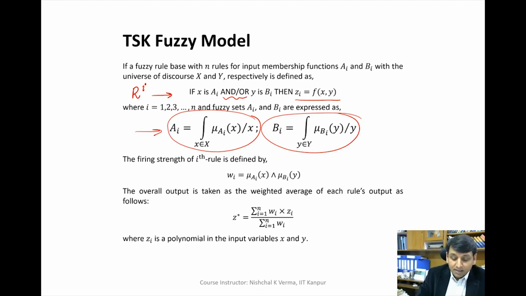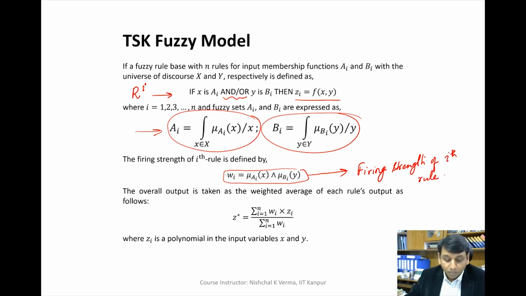If this is the case, then for certain inputs x and y, we can have Wi, which is nothing but the firing strength of the ith rule. And this we can obtain either by taking the min of mu Ai of x and mu Bi of y, or we can multiply these two if we are interested in the product.